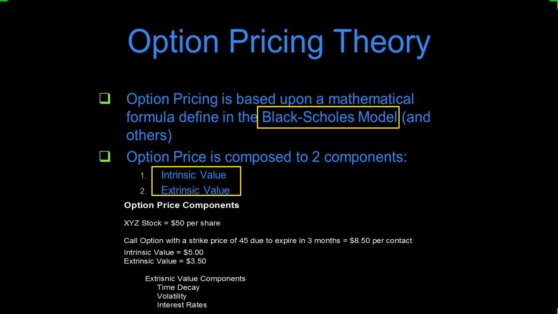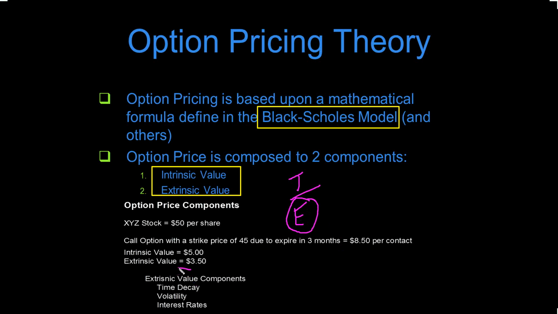Now, if we look at this and we say, okay, well, if I know there's an intrinsic value and there's an extrinsic value, we know that almost 99.9% of the time every option will always have some extrinsic value to it. Almost always. But not necessarily intrinsic value.